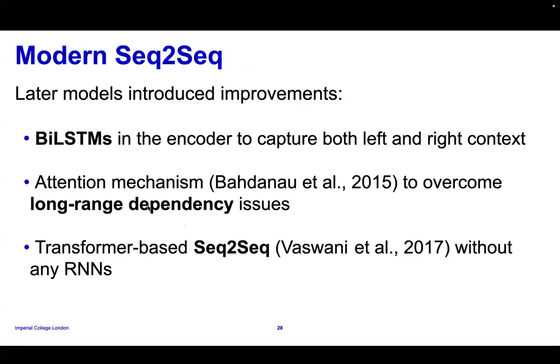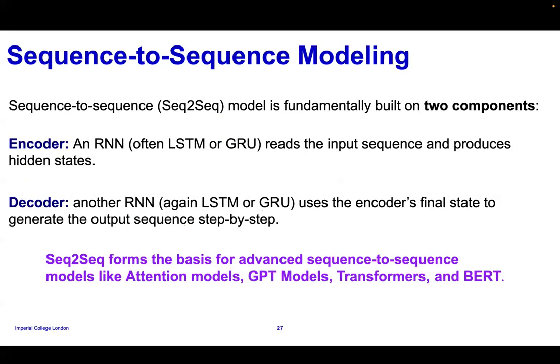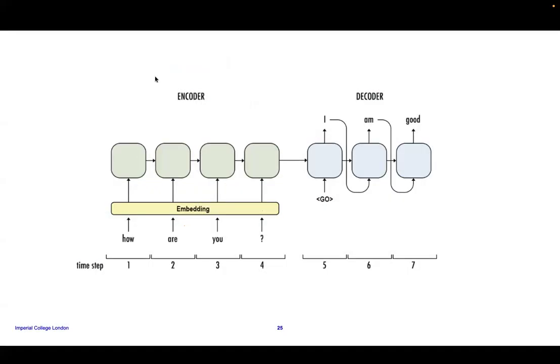Attention mechanism to improve the long-range dependency issue. Even though we have modern Seq2Seq here, for example, we have encoder and decoder. Inside this architecture, if you have LSTM or biLSTM, they still have the issue of long-term dependency, meaning that they cannot capture long-range dependency in the language.